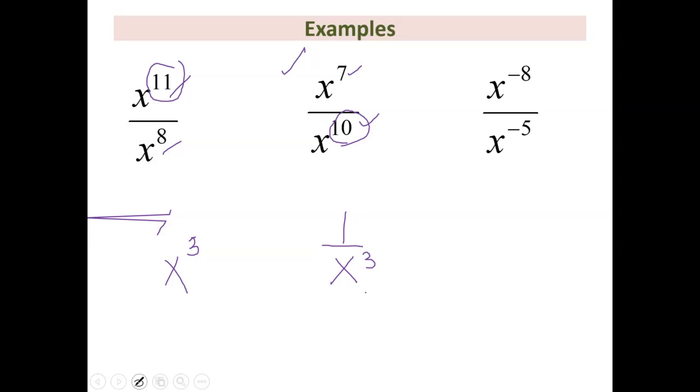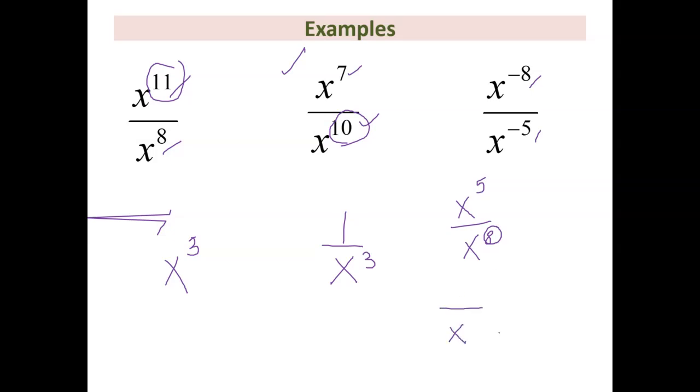In the last problem for this slide, you see that the powers are negative. So first of all, I would like to change that into a positive by just moving up and down. And once they are flipped, the powers become positive. Now the same approach. 8 is higher, and that's in the denominator.